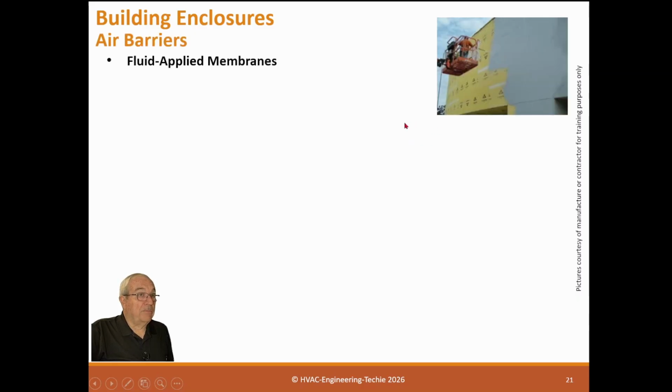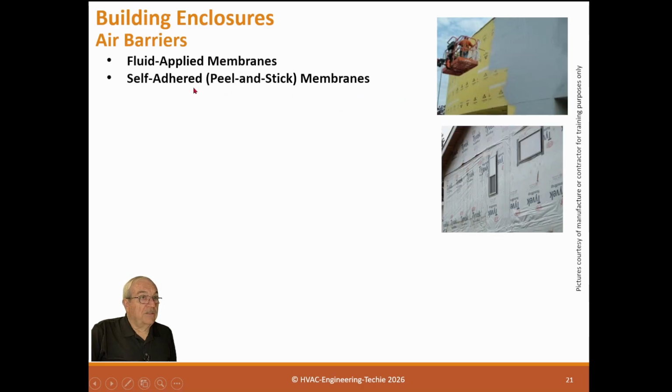Fluid applied membranes. Now, these are vapor barriers and air barriers that are sprayed on instead of rolled on. There could be self-adhered peel and stick membranes like this. This is called a house wrap, and it basically sticks and peels. Now, I'm not a big fan of this stuff. It's okay. The material itself is really good. That works great. But the problem is the installations are normally poor.